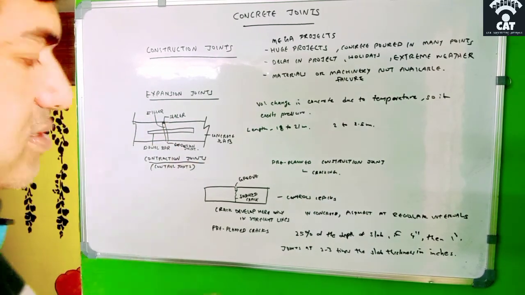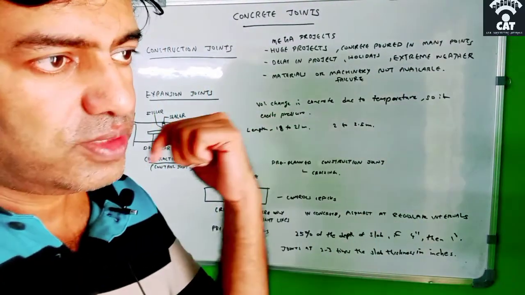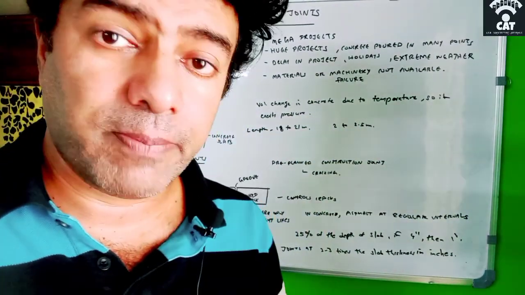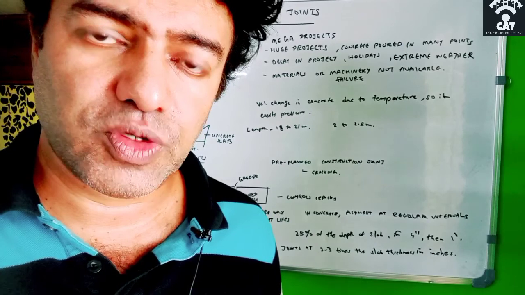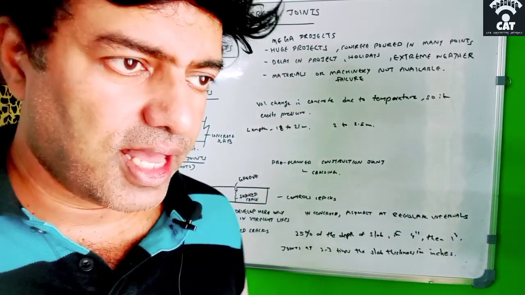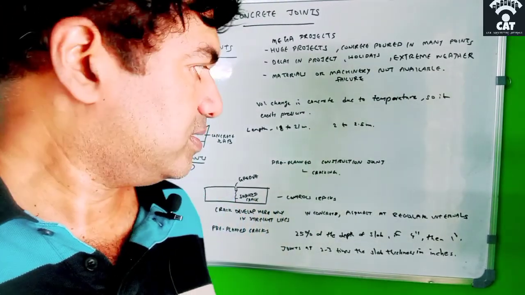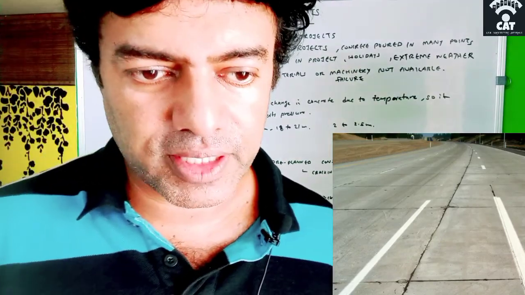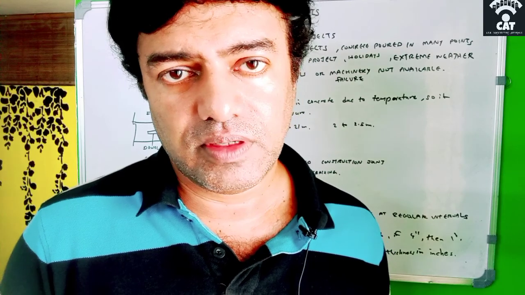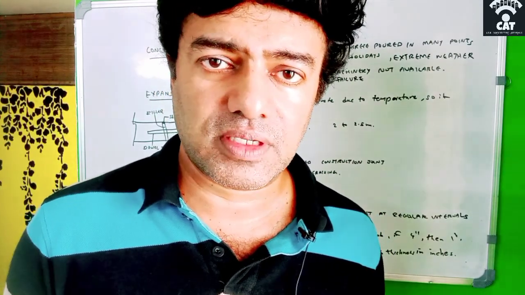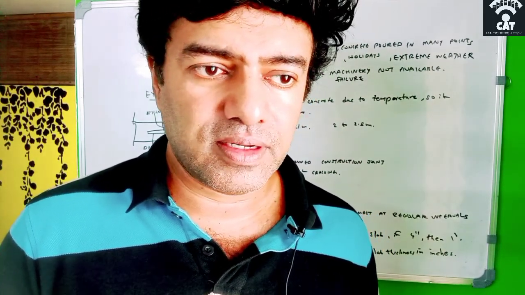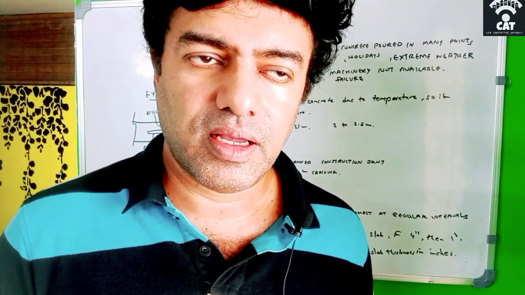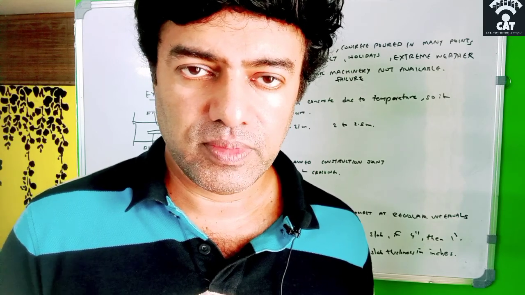And the second is the contraction joint. The contraction joint is also called a control joint or pre-planned crack. In a big slab, in asphalt, or in a big concrete area, there is always a chance of cracks developing, because of temperature changes, or when a big load comes upon it.